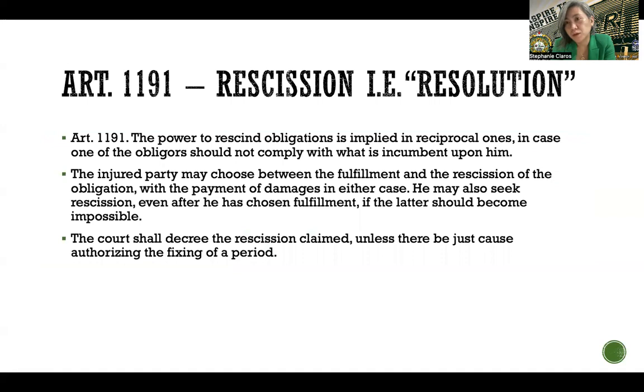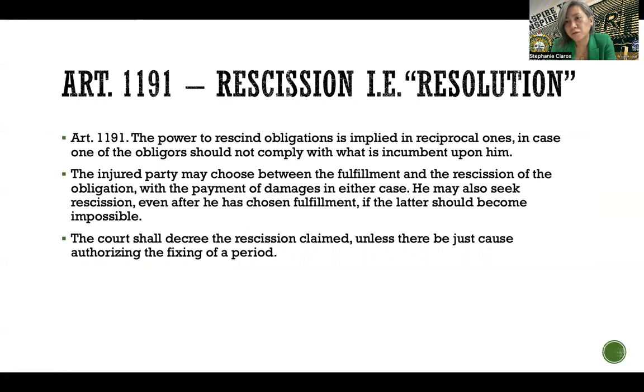So what is resolution as described in Article 1191? So resolution, guys, this is a remedy available when there is a breach of reciprocal contracts.